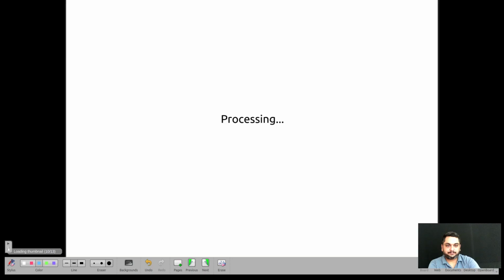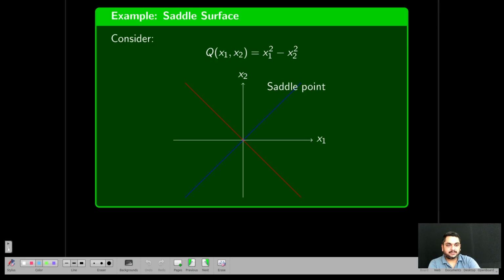This is an example of a saddle point. Take the equation x1 square minus x2 square. What is the matrix here? If I convert this, it is 1, 0 on the diagonal and minus 1.